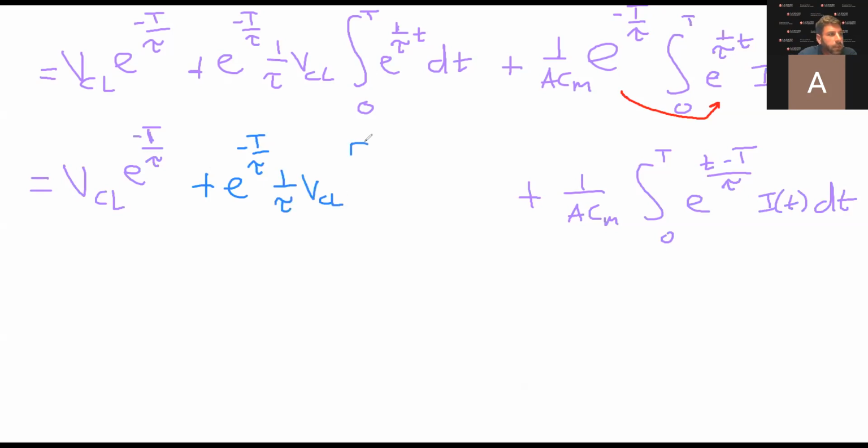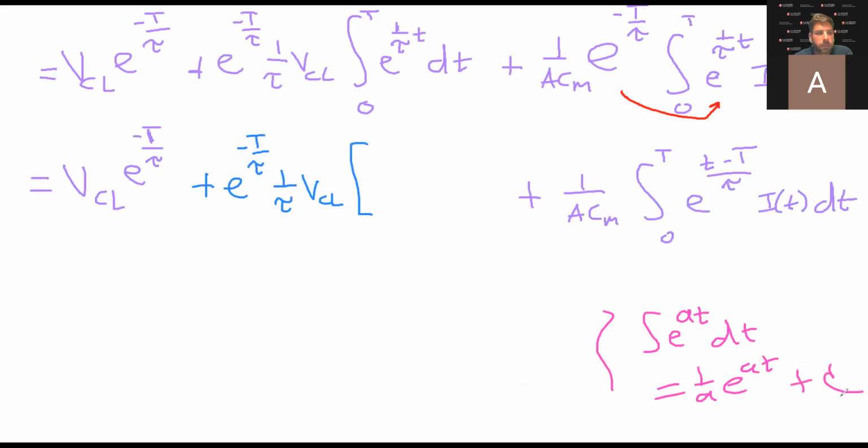But when I integrate this, remember, when you integrate the exponential function, if I come down here, you'll remember that the integral of e to the a t dt is just 1 over a, e to the a t, plus c.